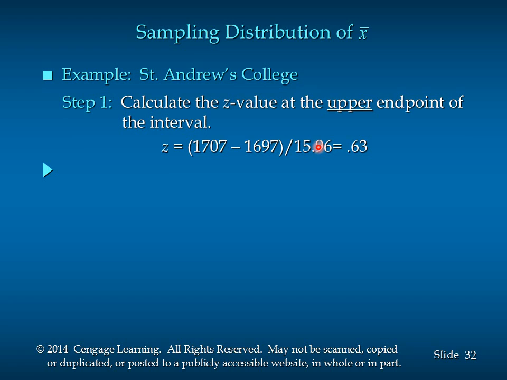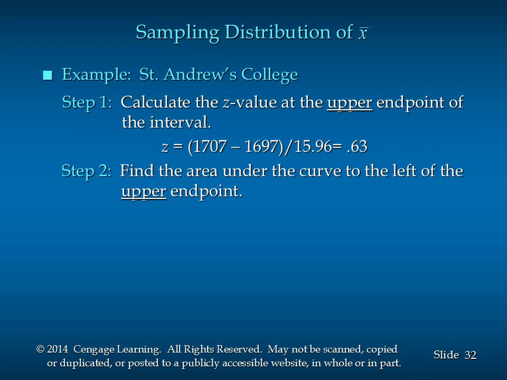And that's 0.63. So z is equal to 0.63. You go into your text in the back of your book, or onto a chart that I'll give you on the exam if you want to be exam specific. What would be the probability when z is 0.63? This is the upper end point, so it's going to be less than.